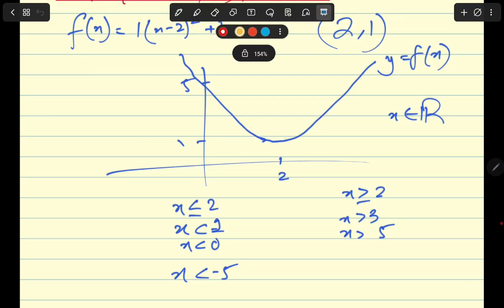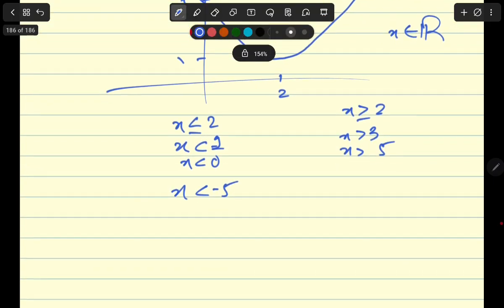So what I'm trying to say is that the domain is either from here to here, or from here to here, or in the other case the domain is from here to here, turning point and backward, then there is a possibility of an inverse existing, right? However, if the turning point is involved, then of course there can't be any inverse, right? If the domain that we are taking involves a turning point of the function, then of course the inverse will not exist, right?